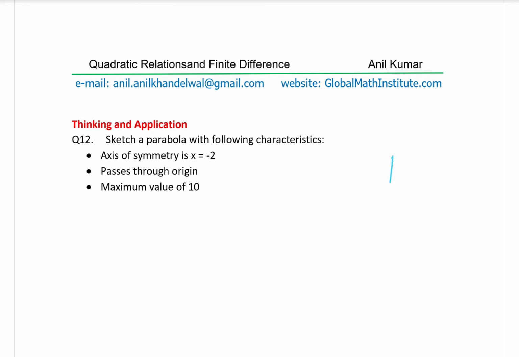Okay, let's try to sketch this. We're saying the axis of symmetry is at x equals -2. So I'm drawing a dotted line here, which is x equals -2. So this is the axis of symmetry. It passes through origin, so the parabola passes through origin. So we'll mark a point here for the parabola. Maximum value of 10.